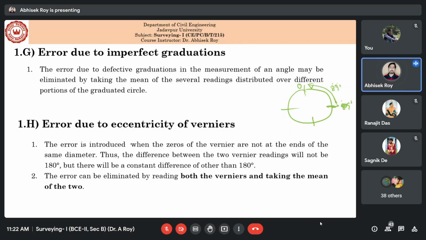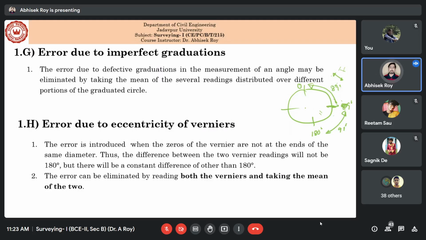So all this graduation is spaced with a little bit more gapping. And suppose here you should see 180 degree, and you do see 180 degree, so here 89 degree, here 180 degree. That means the remaining 91 degree is accommodated here in place of 90 degree. So obviously the gaps between the divisions will be less compared to the actual division.